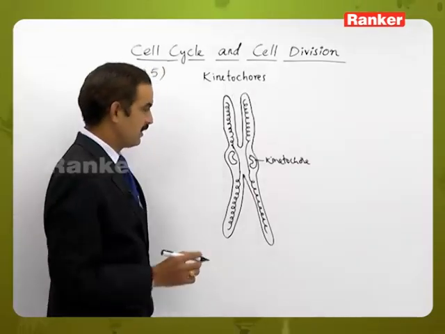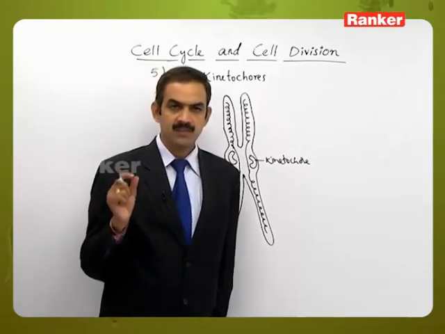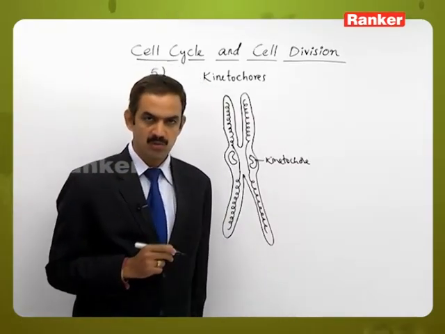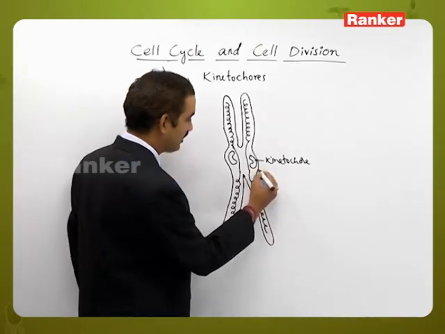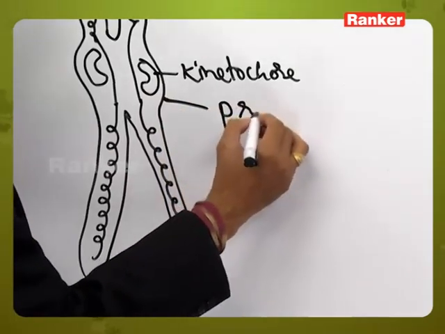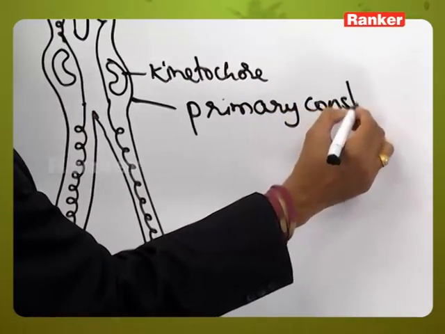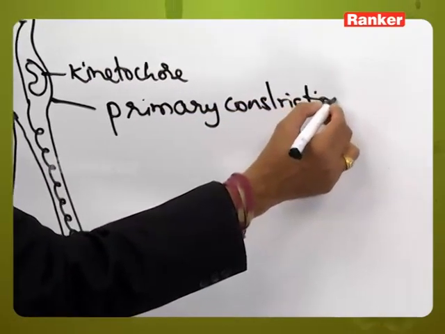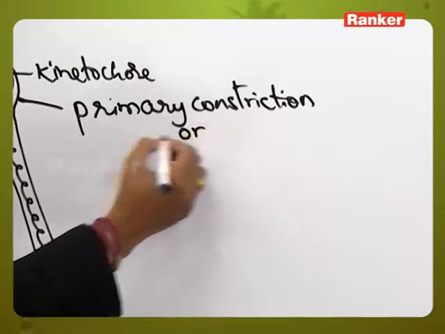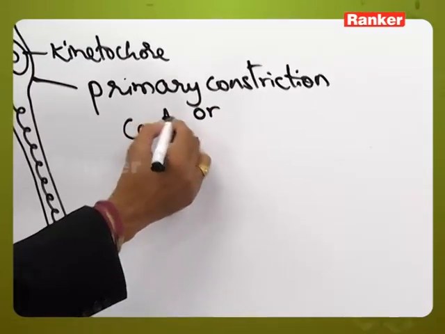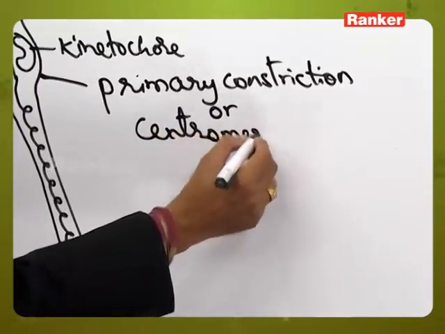And these are the structures where the bending of the chromosome is possible, and we can call this structure where the kinetochores are present a primary constriction, or the other name for primary constriction is centromere.